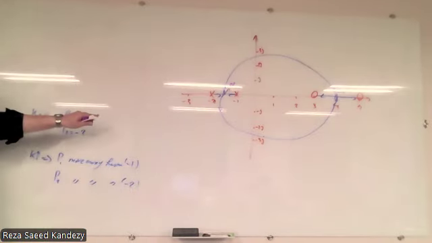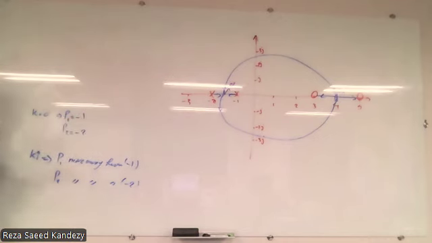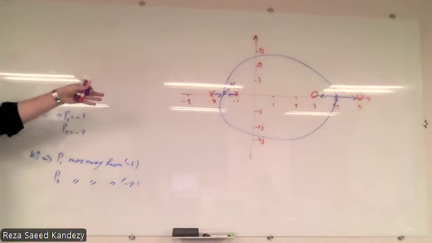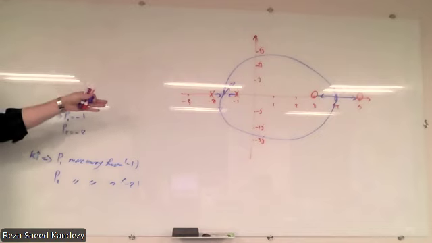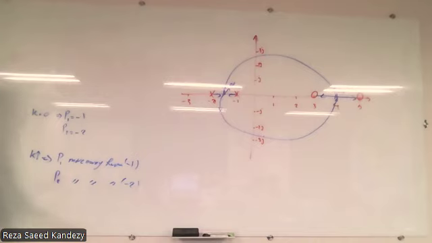Is that clear? We already know that. We start at the poles of our transfer function, and as we increase k, we move away from the poles, the starting points, and end up at zeros. Right?